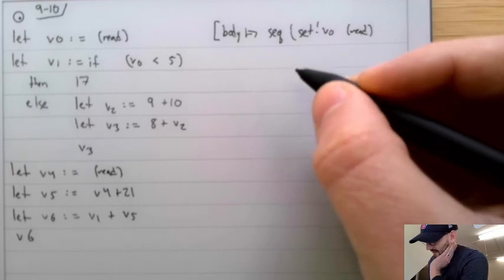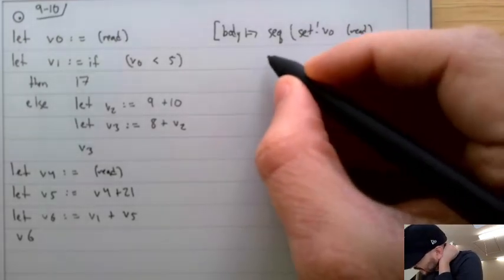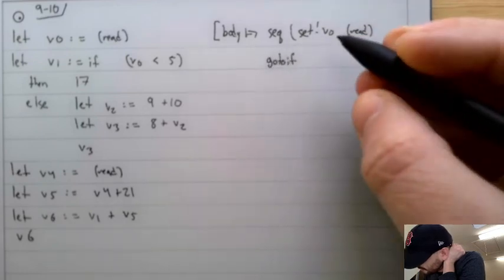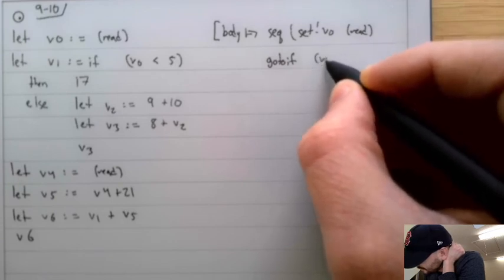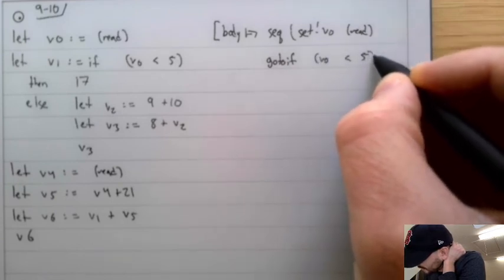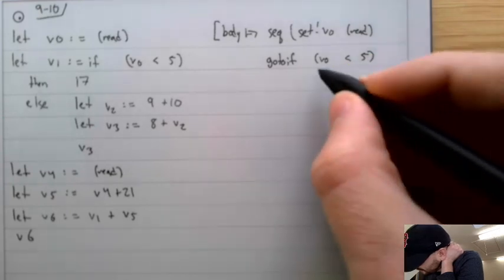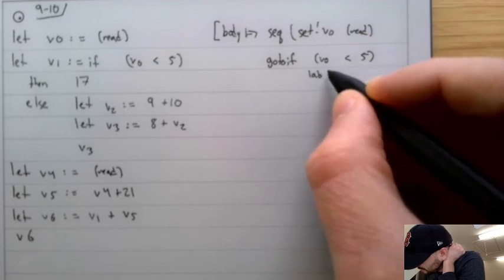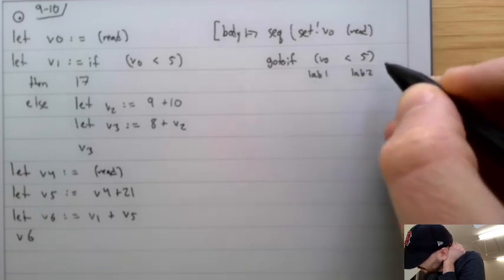We're going to end up with the body, which is going to go to a sequence of set v0 to read. Then, after that body, it's going to have a goto if of v0 less than v5 with label 1 and label 2.